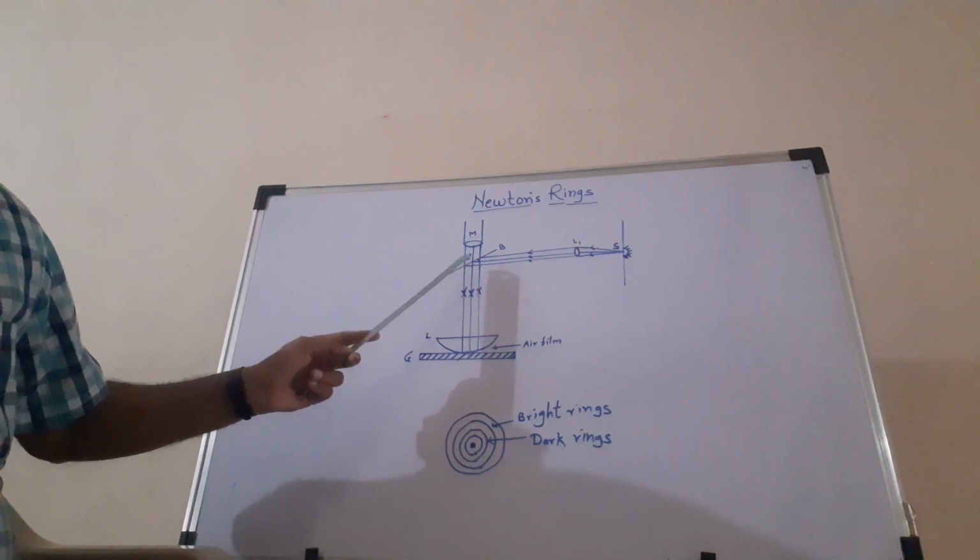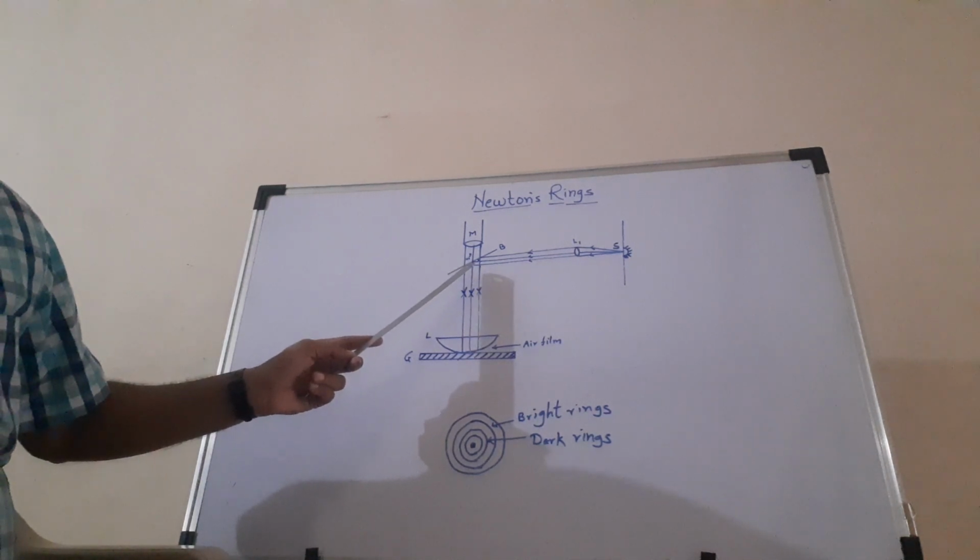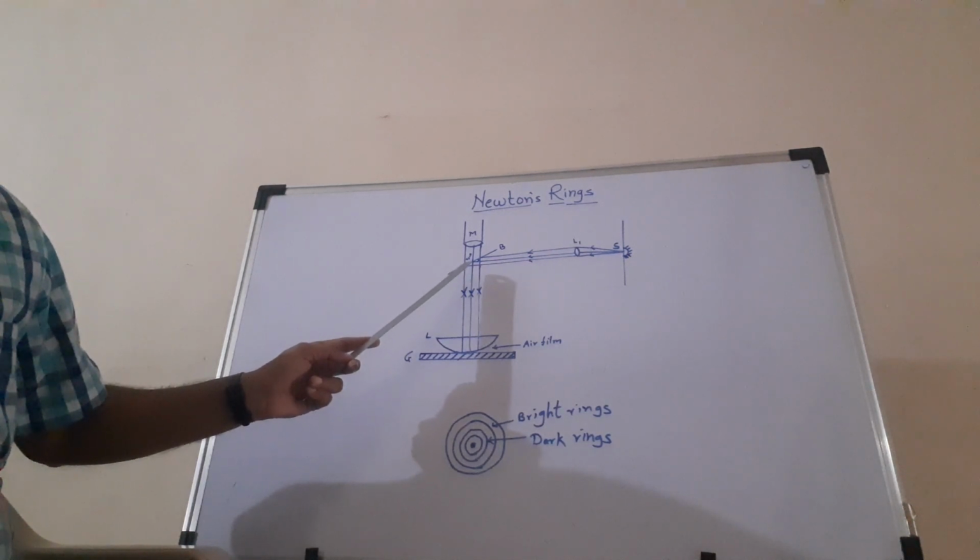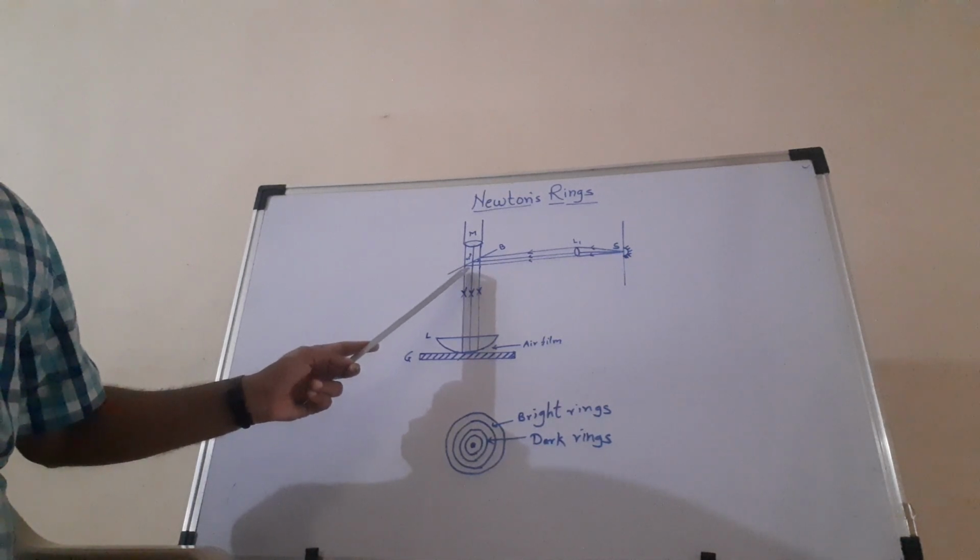The rays become parallel and are incident on the glass plate B, which makes an angle of 45 degrees with the incident rays.